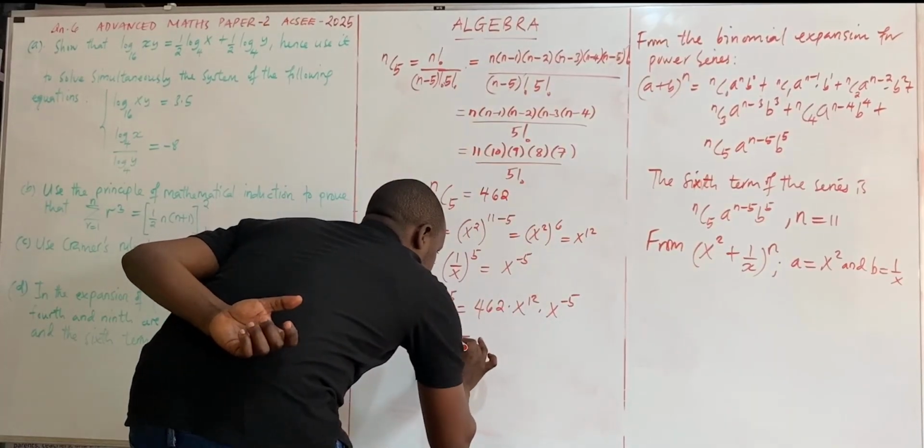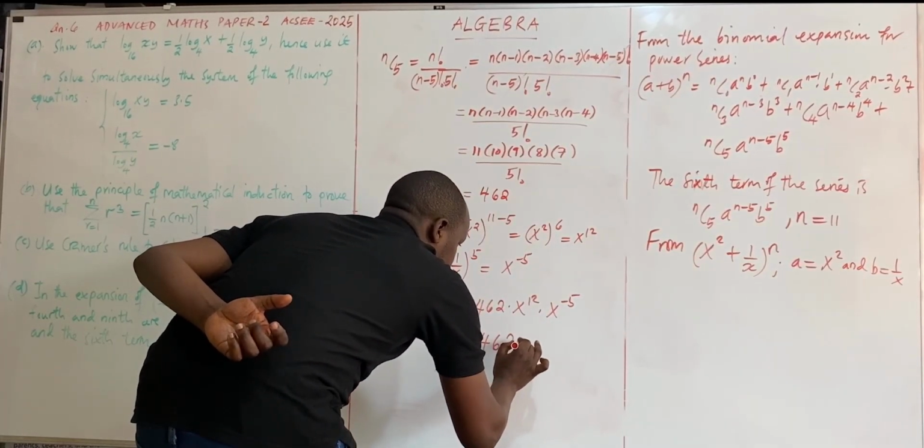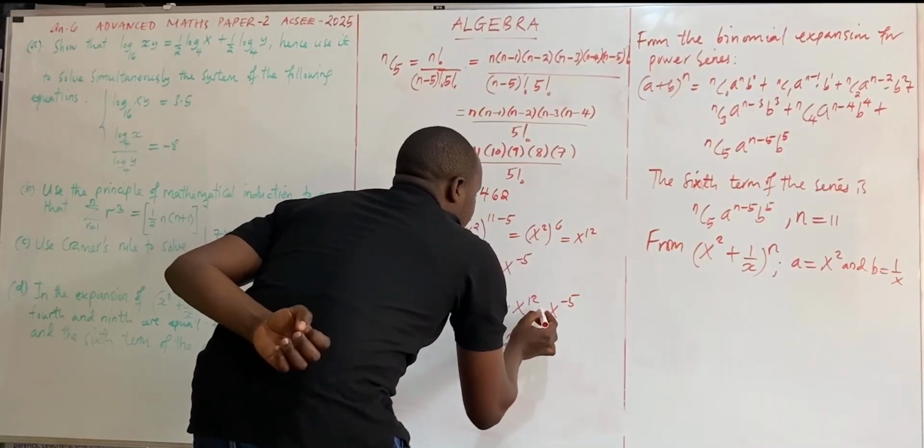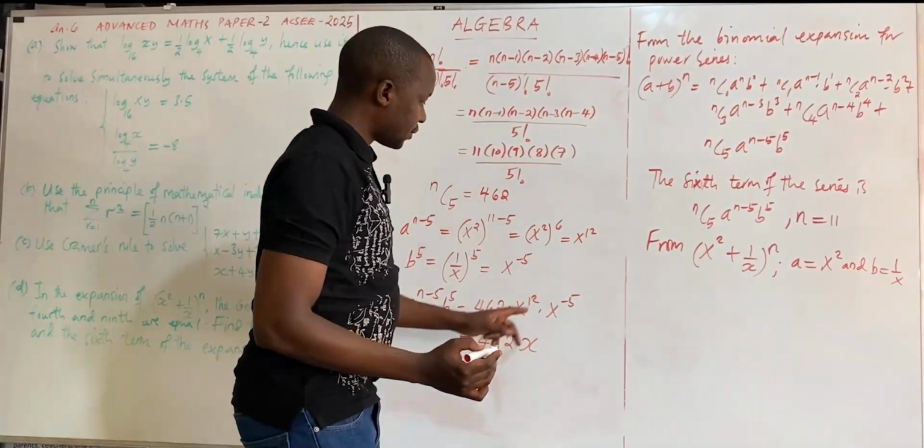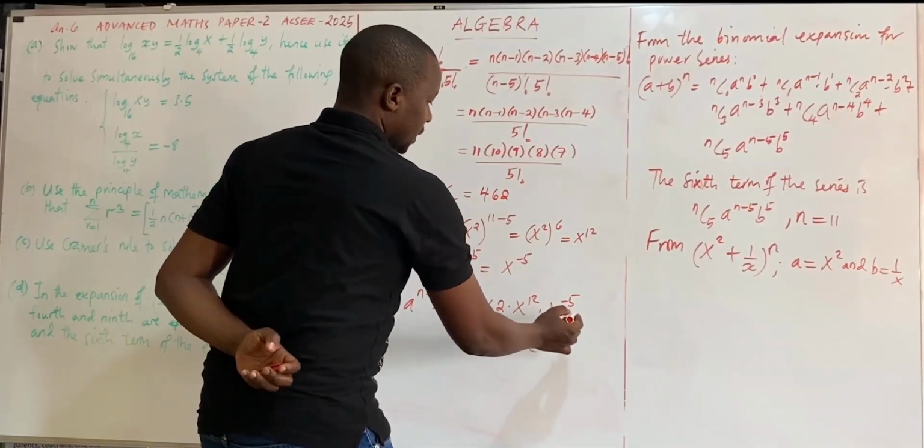So if we simplify here, we get 462 times x. It means the same base, now we add the exponents, the law of exponents for multiplication.